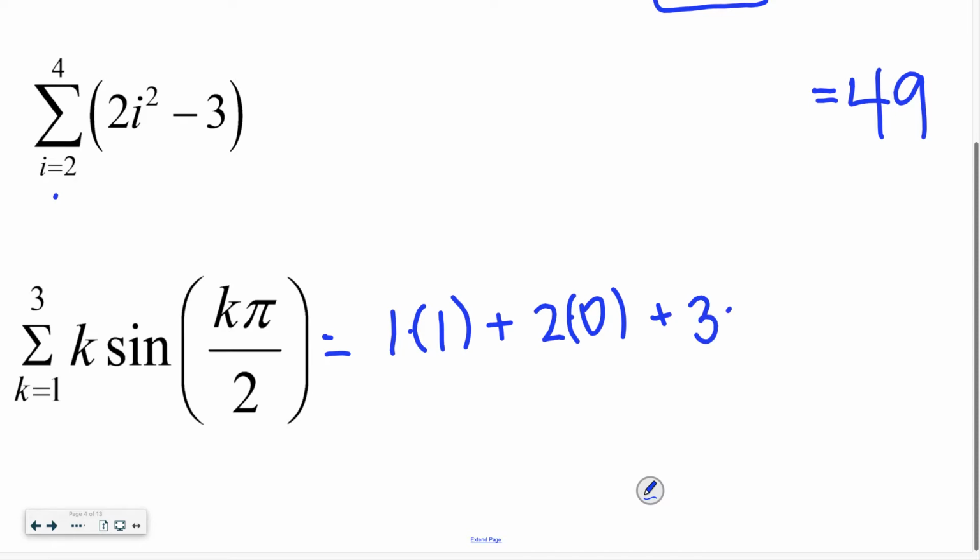Plus 3 times the sine of 3 pi over 2. Say it louder. So we have negative 2 for ourselves.